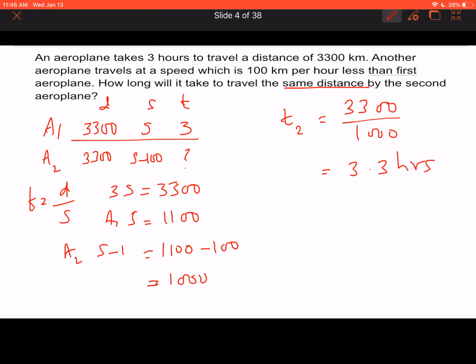Otherwise, if they ask in minutes, we convert it: we have to multiply 0.3 hours by 60 minutes and then we'll get 18 minutes. Here I just want to change that hour into hours and minutes. So 18 minutes is the answer.